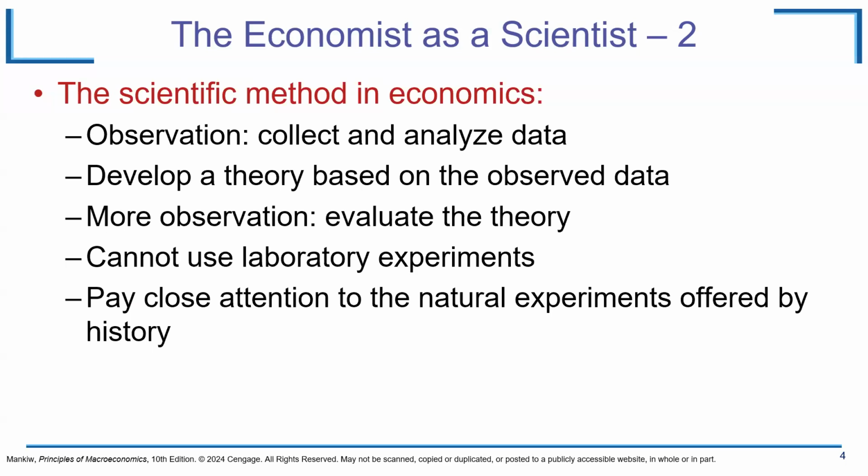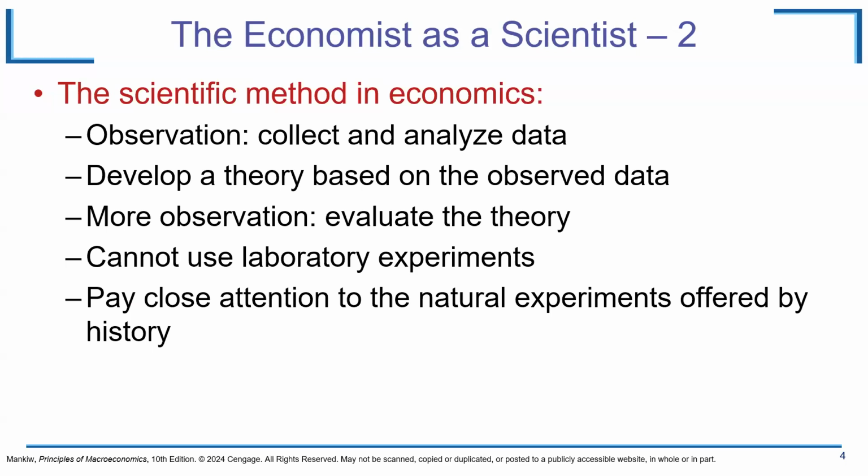Based on those patterns, we can develop a theory based on the observed data. You can consider a theory as an organized pattern that people observe in the data. Then in the third part, we need more observation to evaluate the validity of the theory.